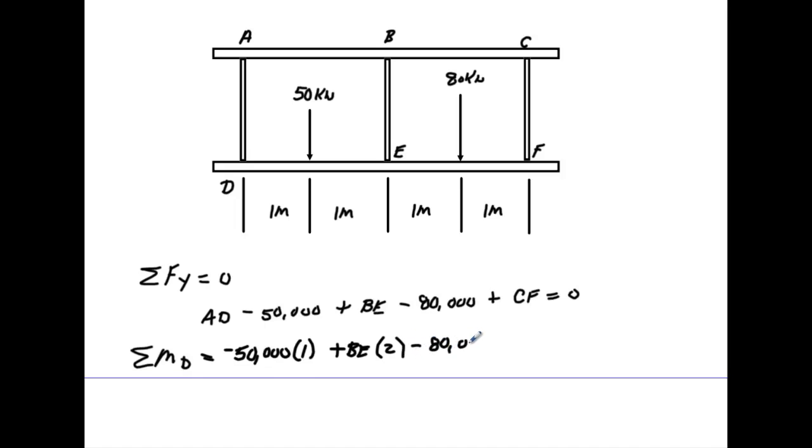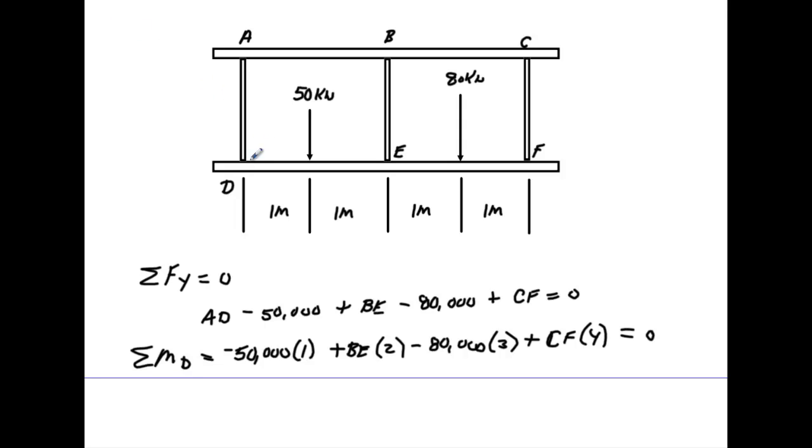Minus 80,000 times 3. Plus CF times 4. And we can set that equal to 0. But again, if you look through here, we have three unknowns, 1, 2, and 3. But we have two equations, so it cannot be solved as stated.